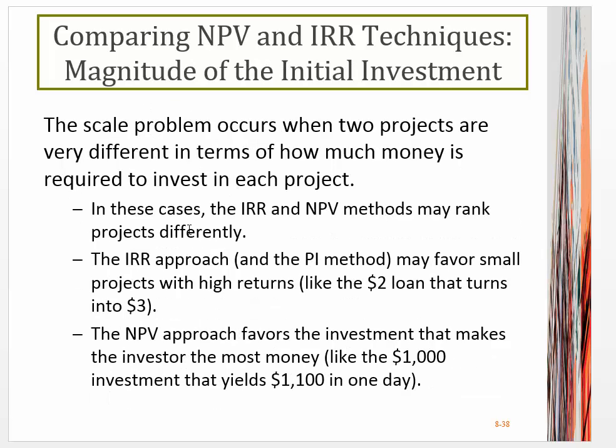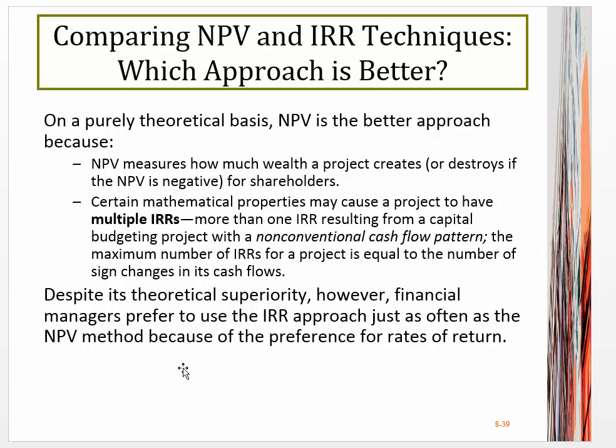The scale, the size of the project, is ultimately going to have an impact. The internal rate of return approach is going to favor small projects with high returns. Net present value favors investment that takes the investor the most money. The most expensive projects are going to do better than the least expensive projects. So again, there are basically fundamental differences.